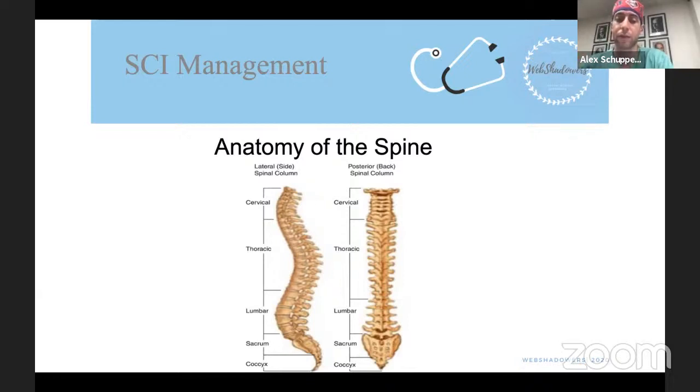We have a cervical lordosis, which is curved, let me show you here, curved this way. Thoracic kyphosis, which curves the other way. The lumbar spine curves the same way as the cervical spine, or lordosis. And then you have a certain angle of your sacrum, which is really important. It defines your pelvic tilt and the angle of your pelvis, which helps keep you erect.